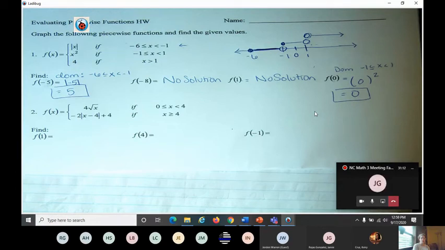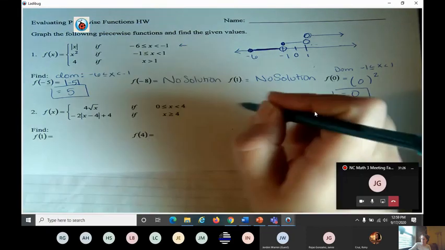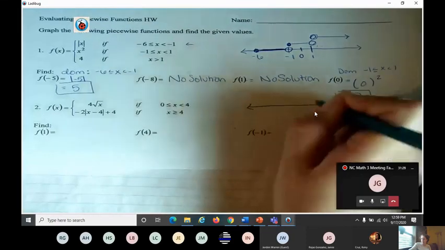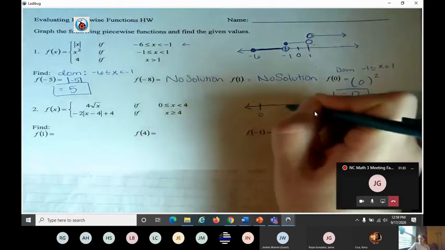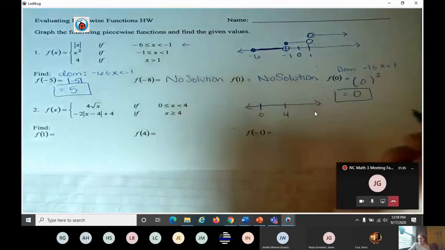Okay, if there are no questions, we'll do the second example, and then we'll start on our around the world activity. So for our second example, we only have 2 different sections of the domain that we're looking at. So here, I'm going to do a number line again. We have values from 0 to 4, and then from 4 on.